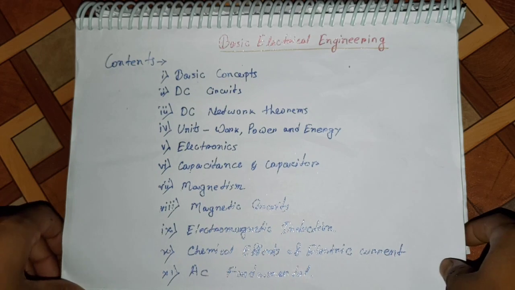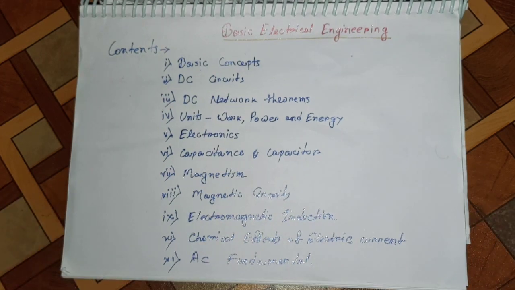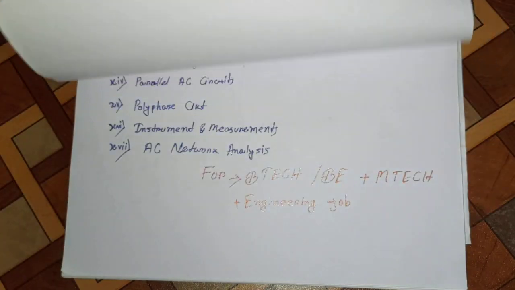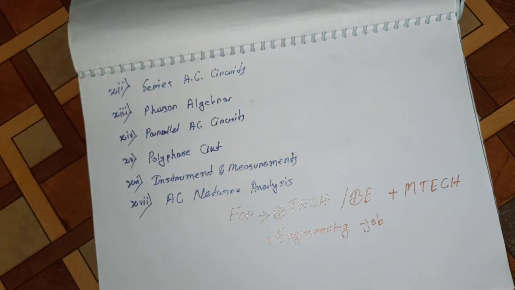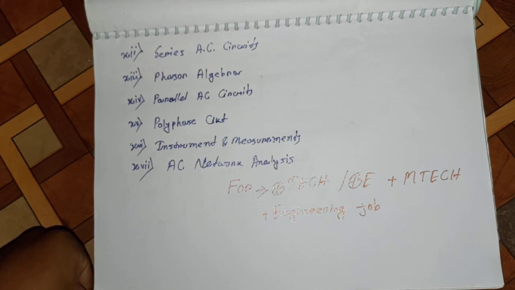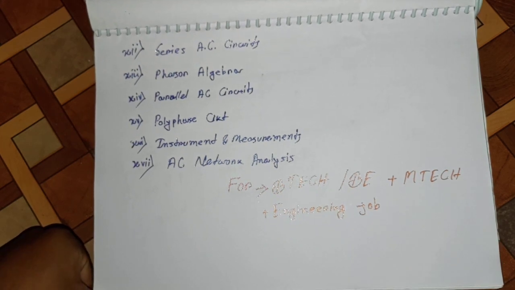As you can see here: basic concept, DC circuit, DC network, units, electronics, capacitor, magnetism, magnetic circuit, electromagnetic induction, AC fundamental, chemical effects, series AC circuits, phasor algebra, parallel AC circuits, polyphase, instrument and measurement, AC network analysis.